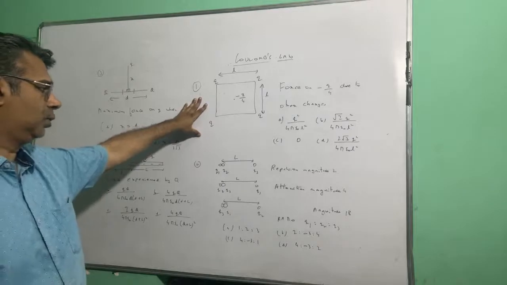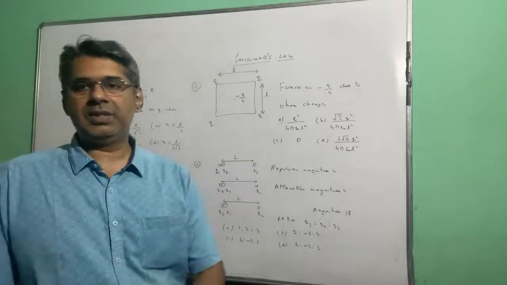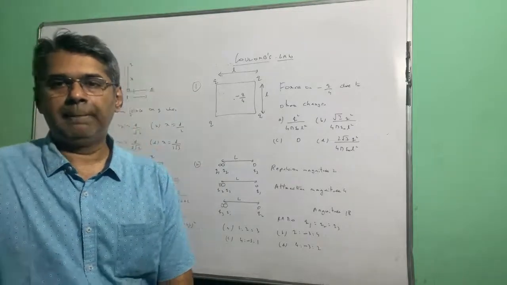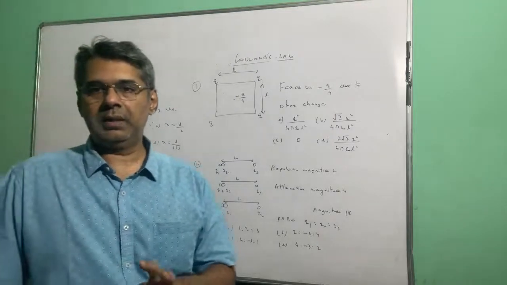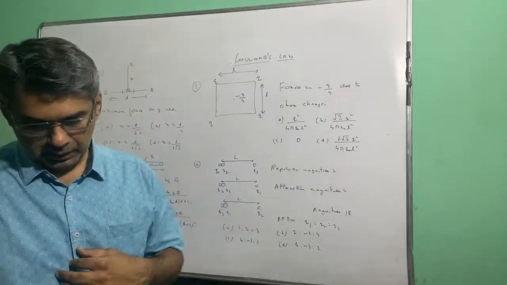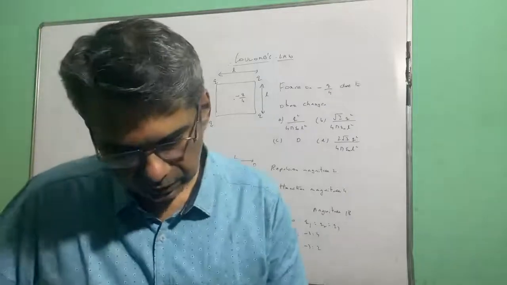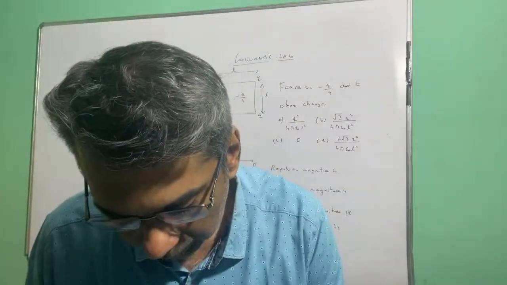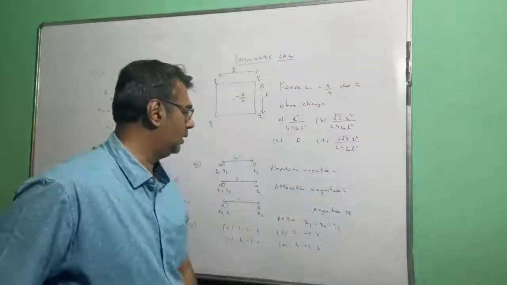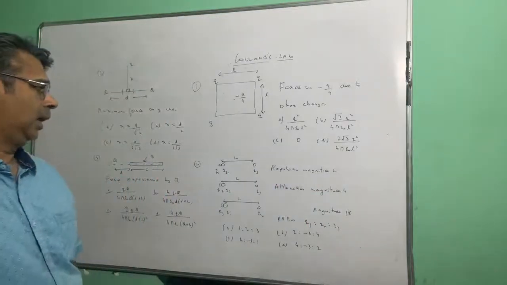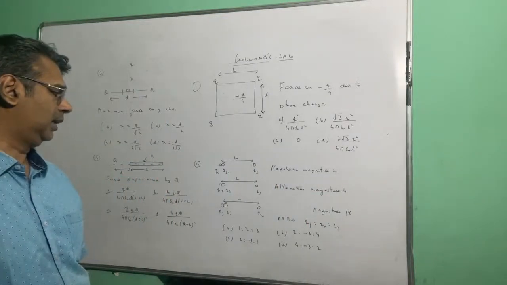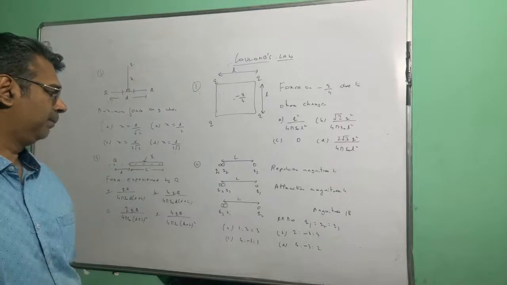Now question number 2, there are 3 charges q1, q2, q3 and we don't know whether they are positive or negative. That information is not given to us.